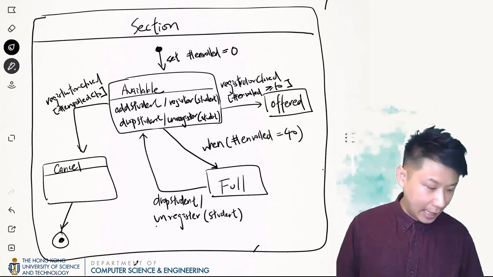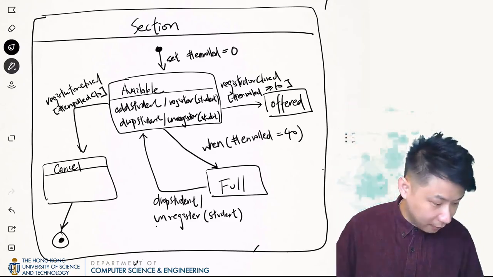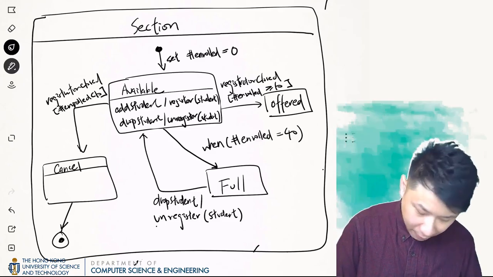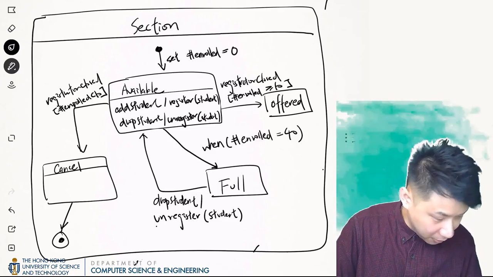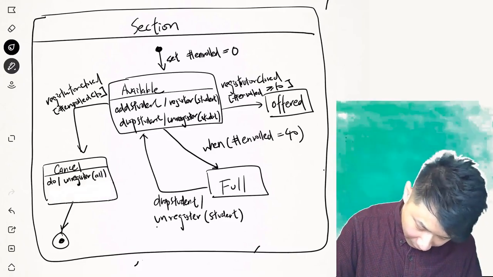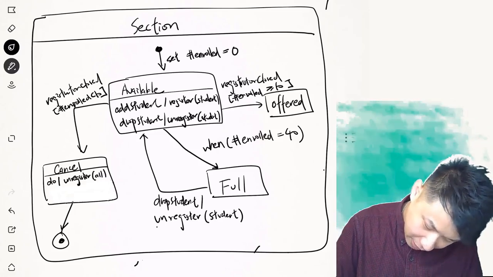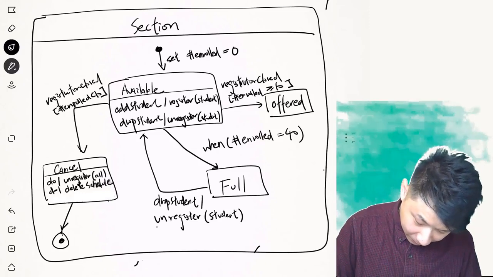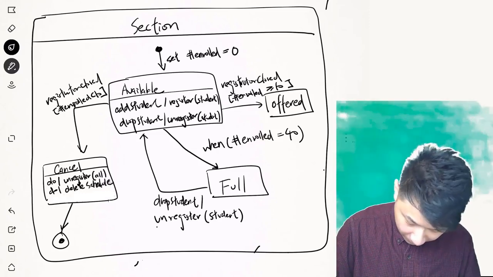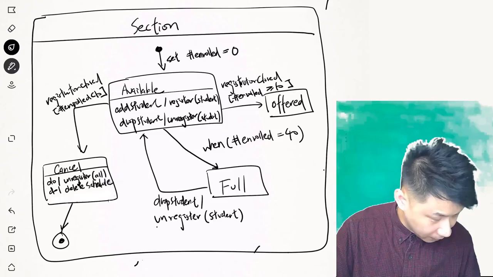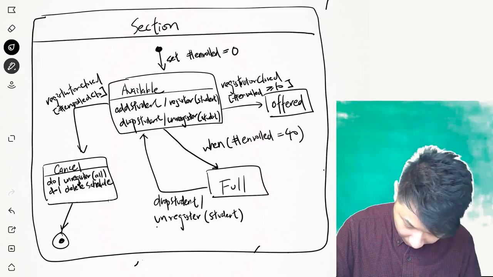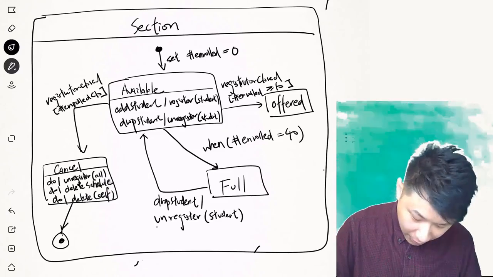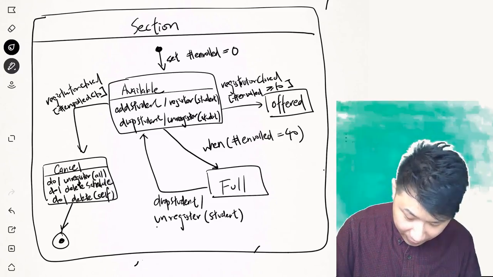Also, when we cancel the section, these are the things we have to do: we have to unregister all the students, and also delete the schedule. And finally, you also have to delete the section itself.